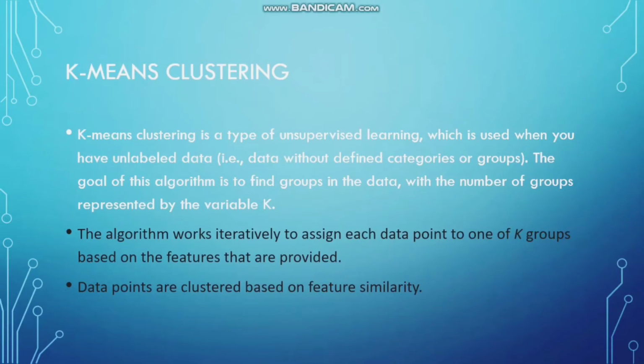We can cluster the customers based upon their different features and values. K-means clustering is used when you have unlabeled data, and this algorithm works iteratively to assign each data point to one of k groups based upon the features provided.